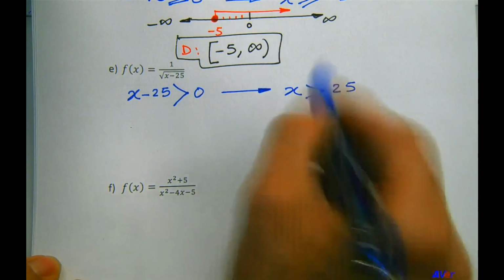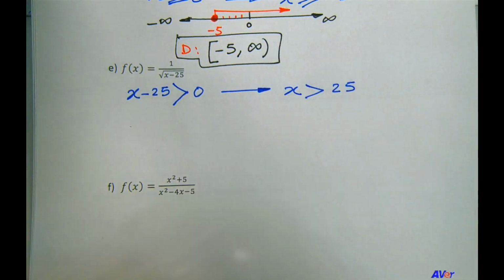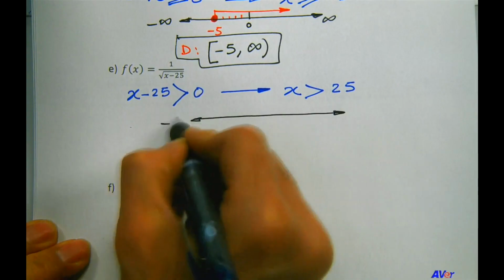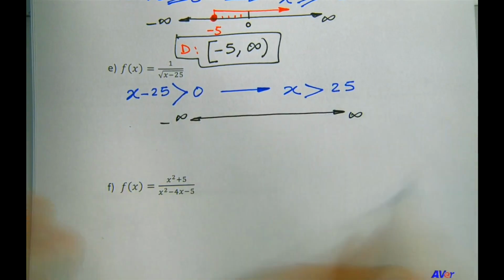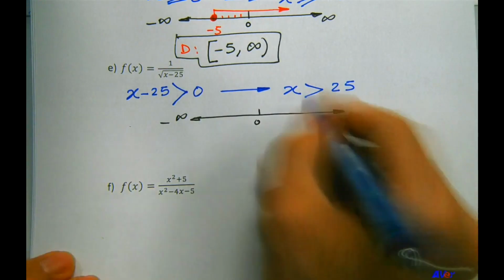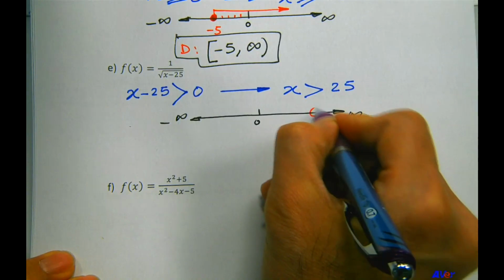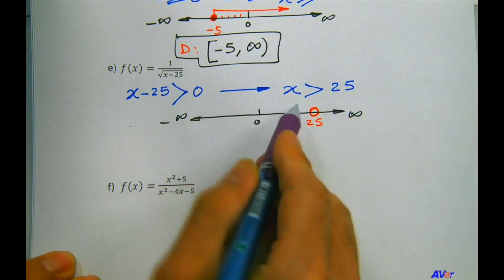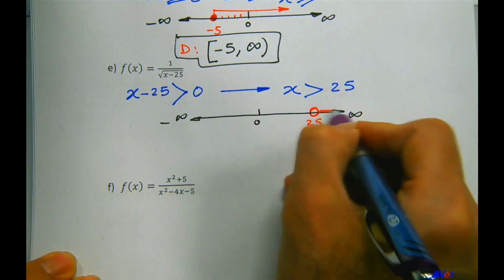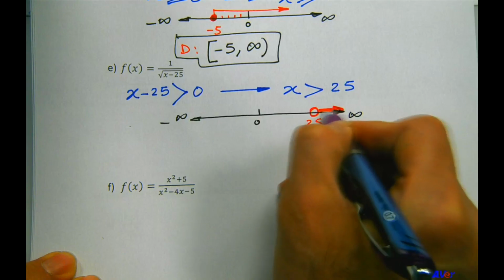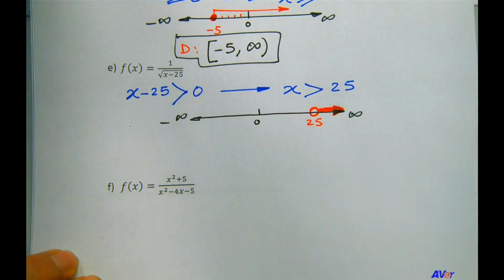So if that's the domain, then let's get a graphical feel for it. Let's say 25 is somewhere here, and I'm going to put a hollow circle at 25. Then x values that are after that, or larger than that, all the way to positive infinity, are the solution.